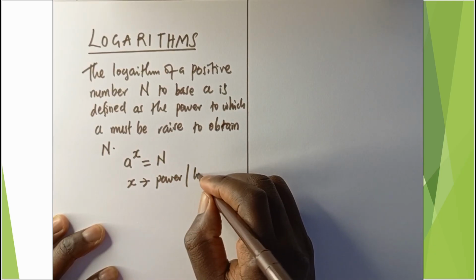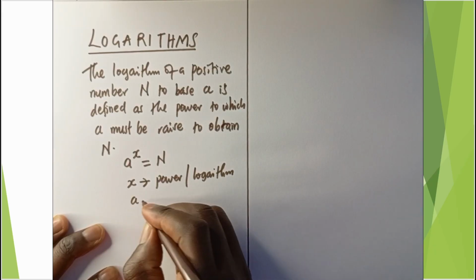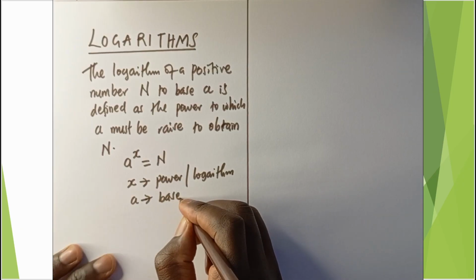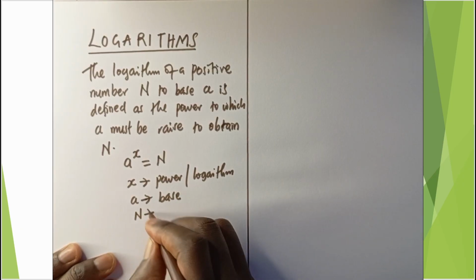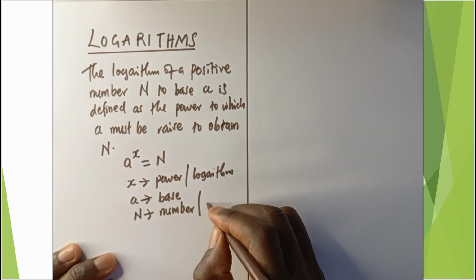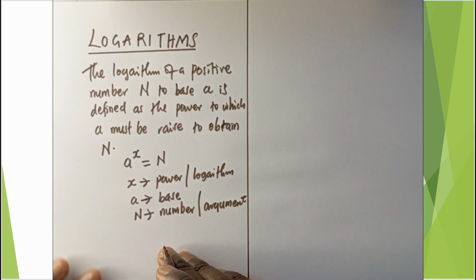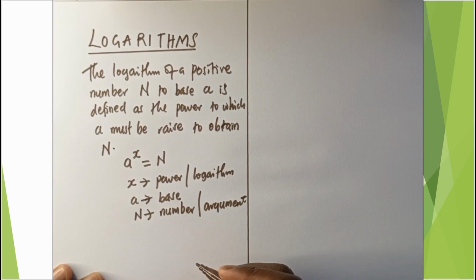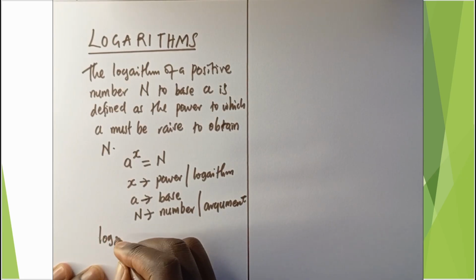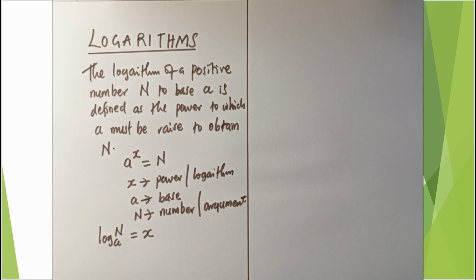Another name given is logarithm, and a is considered to be the base, and also n is called the number, or sometimes called the argument. Now, to write it in logarithmic form, we say log base a of n is actually x. So this is how we write it in logarithm form.